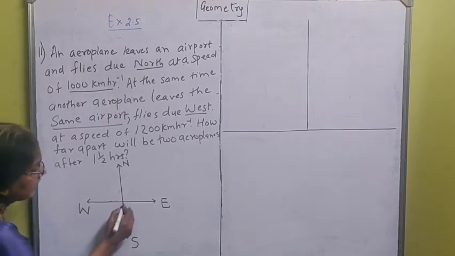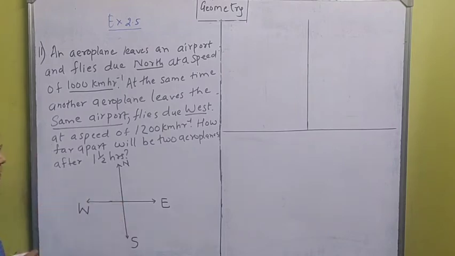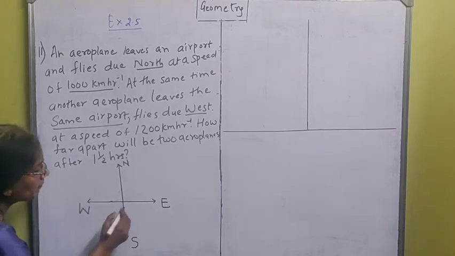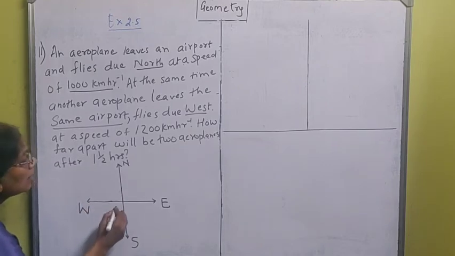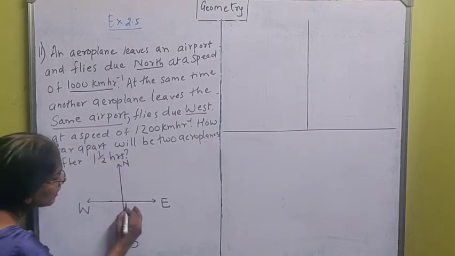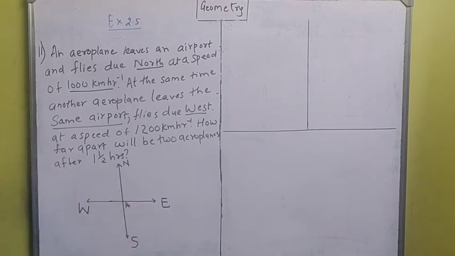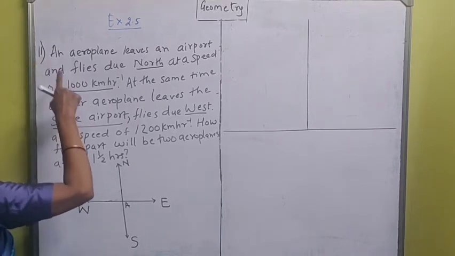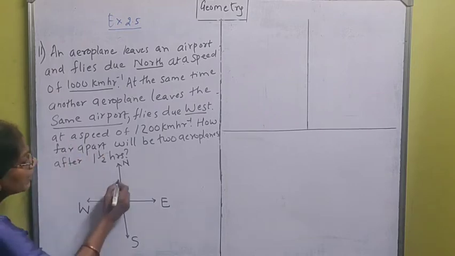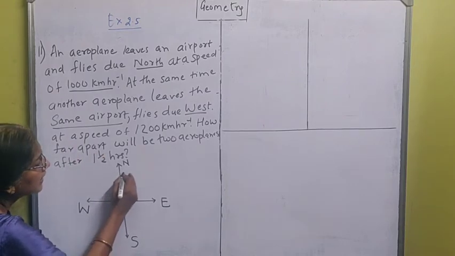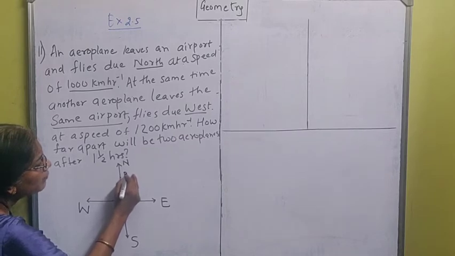So let us take that this is the airport. From the airport, the plane is leaving and flying to the north direction. Let us take A as the airport from where the plane is leaving and it is flying towards the north direction with a speed of 1000 km per hour, and after 1.5 hours, let us say that it reaches point B.